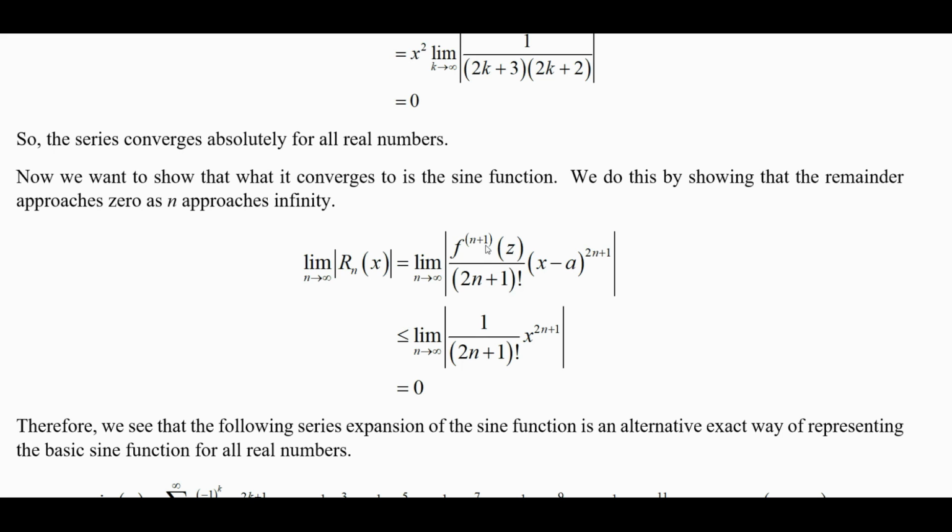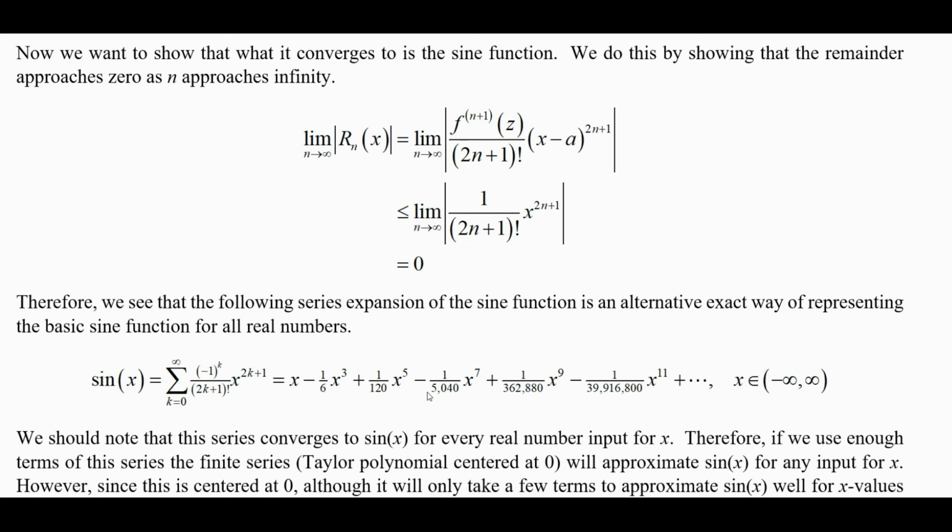So this is less than or equal to just putting the 1 there. And this factorial is going to dominate over this power function. Now remember, we're thinking of x as a constant, n as the variable. And so this is going to go to 0. And since that's 0 all the time, this does actually converge.